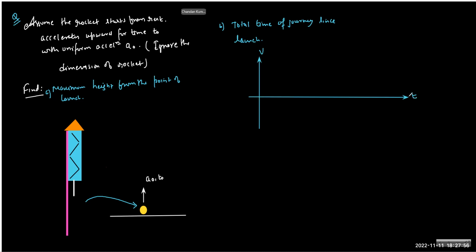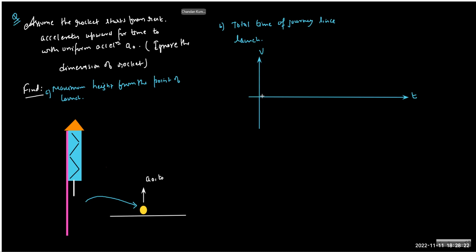So now tell me, guys, for how long will the ball, or you can say rocket, accelerate? For how long? Yeah. So how will the graph look?